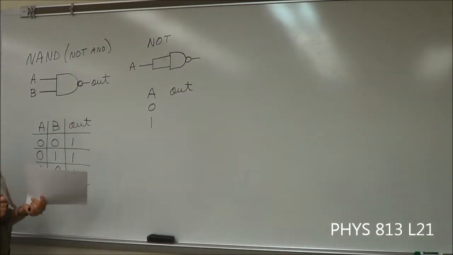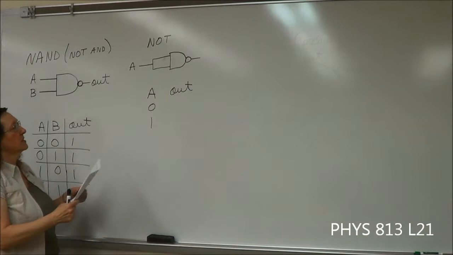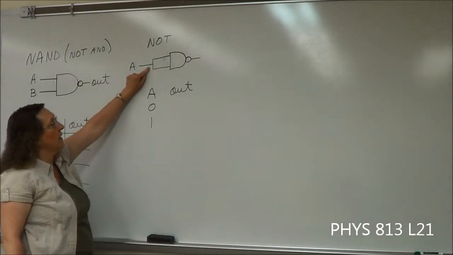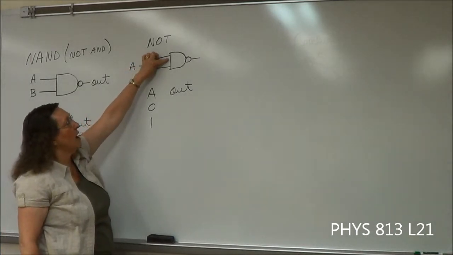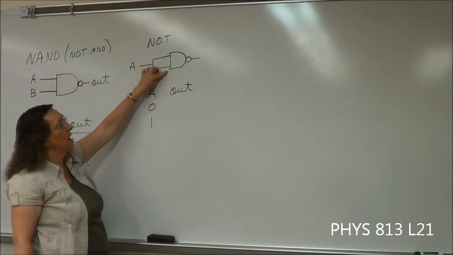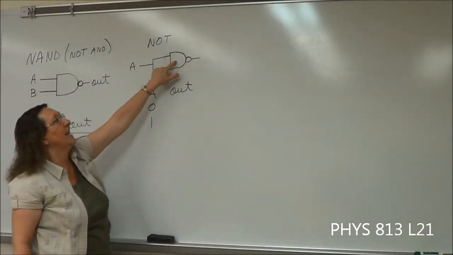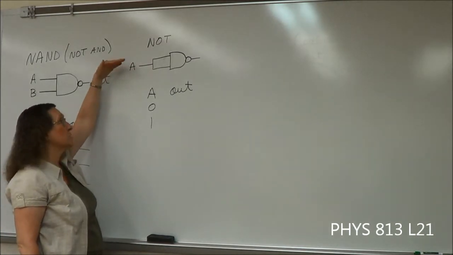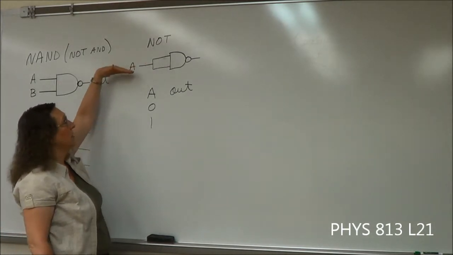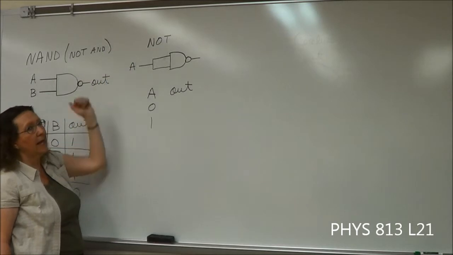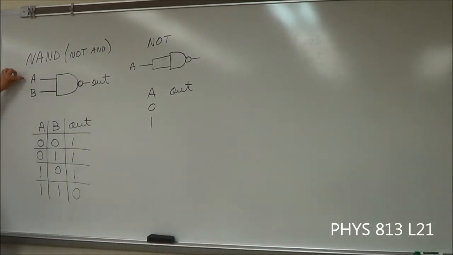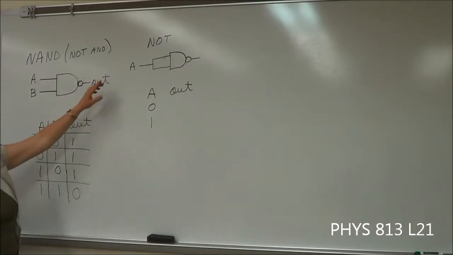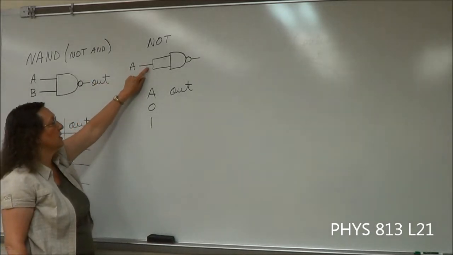So what this means is that whatever we have for A goes to the top side as well as the bottom side of the NAND gate. So instead, I guess we could have drawn a line up here and a line down here and then put A and A. So like here we could have put A and A, but that's not the standard way it's done. The standard way is to do it like this.